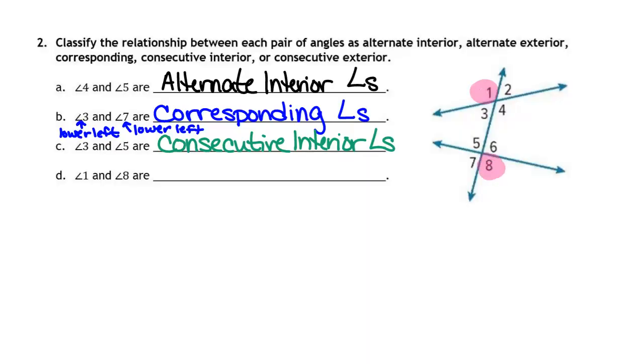Interior, exterior, or one of each? These are exterior. Angle 1 is above my line being cut by the transversal, and 8 is below this line being cut by the transversal. These are exterior angles. Same side or opposite sides?